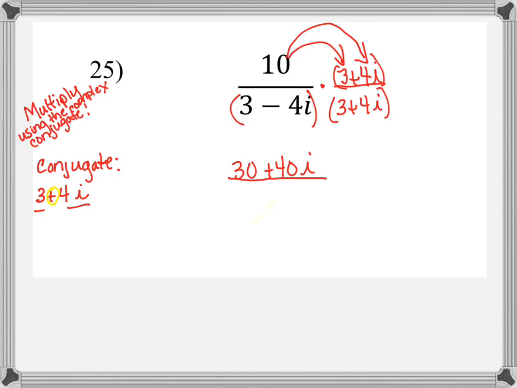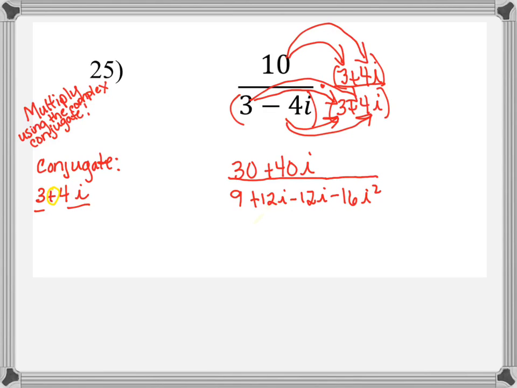We'll multiply the denominators. 3 times 3 is 9. 3 times 4i is 12i. Negative 4i times 3 is negative 12i. And negative 4i times 4i is minus 16i squared.